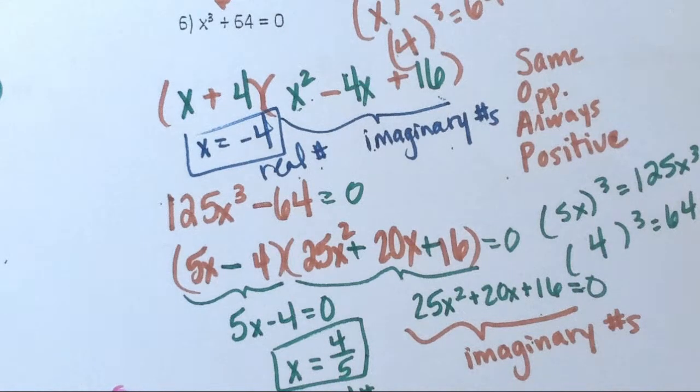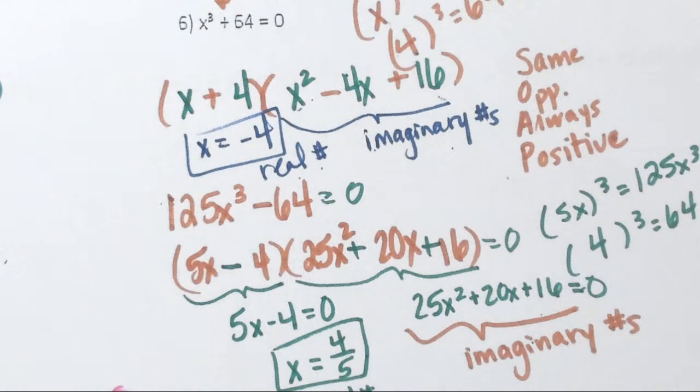Okay, we'll handle number 5 and then we'll nerd it out for half a second, although I promise you this is sufficient for the test. As long as you acknowledge the real solution and that this part's not factorable and you've got some imaginary numbers, you don't even have to try to find those imaginary numbers when it's a sum or difference of cubes problem. Now, the other problems we worked today, we're actually going to find the answers, like plus or minus 3i answers, the way we did yesterday.